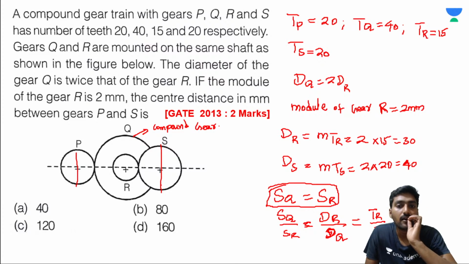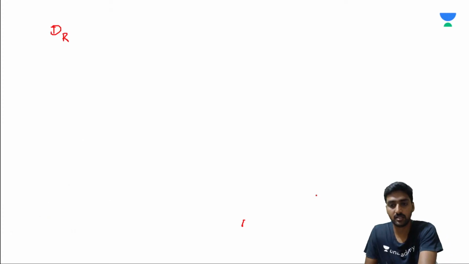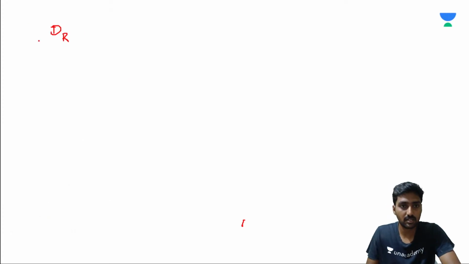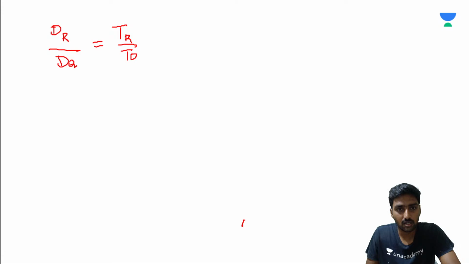Is it clear? R and S are rotating in the same direction, so it's a plus. Based on this method, dR divided by dQ equals dR divided by dQ.